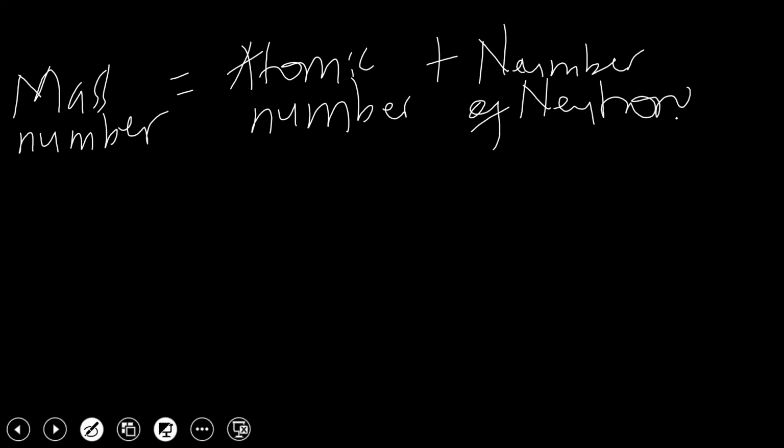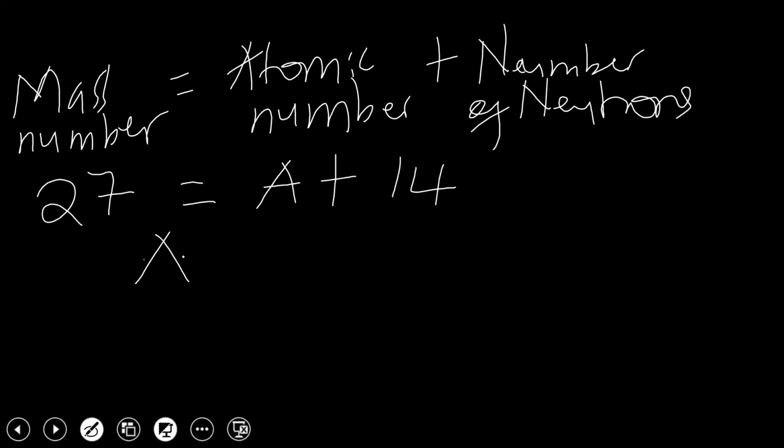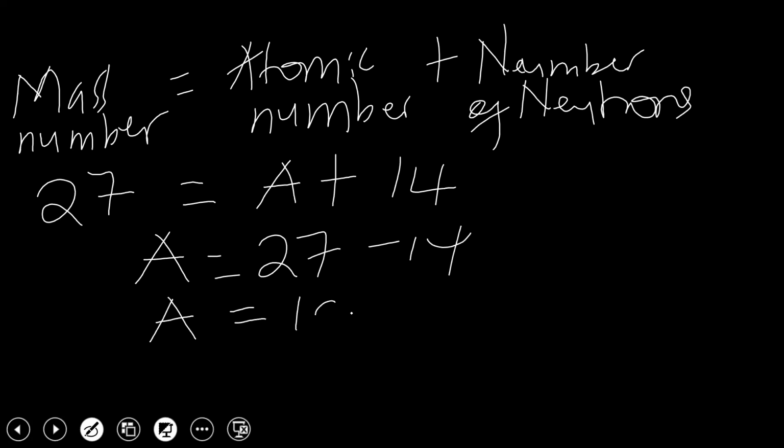The mass number we are given is 27. We are looking for the atomic number, plus the number of neutrons, which we are given as 14. So our A is going to be 27 minus 14, which is 13. So this is the atomic number.